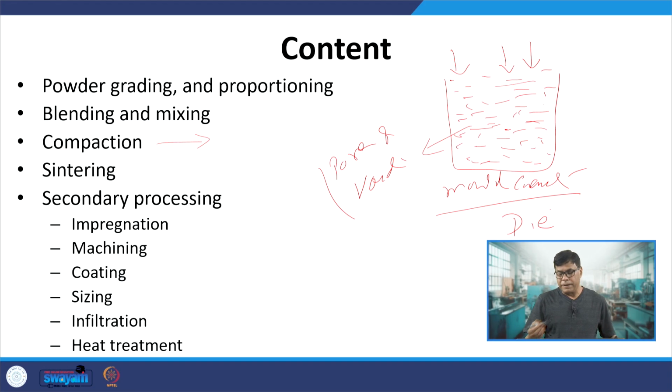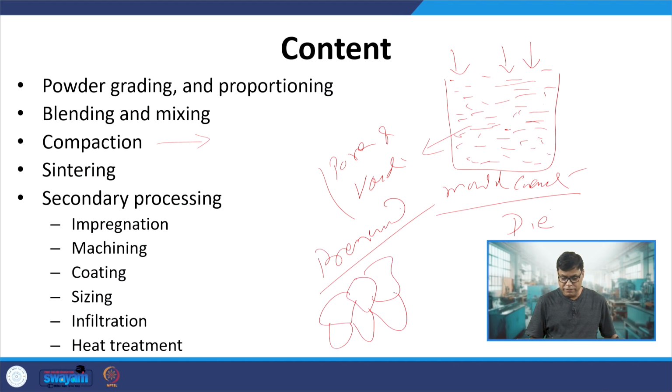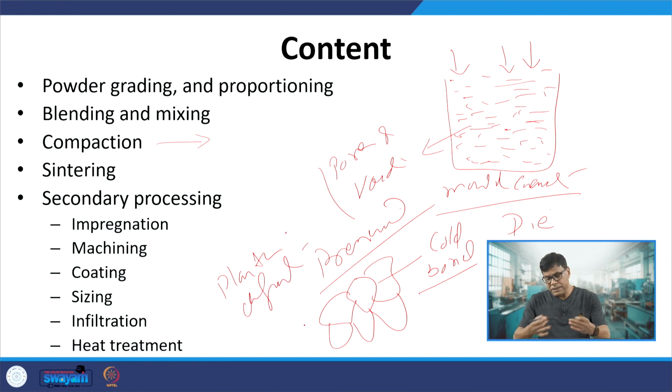In order to impart the shape, these powders are pressurized. When these are pressurized, powder particles tend to get deformed. When they deform, they form the cold bond followed by the plastic deformation. So, the application of pressure will be causing the plastic deformation, bringing the metal powders in contact with each other, and that in turn will also facilitate the development of cold bonds.